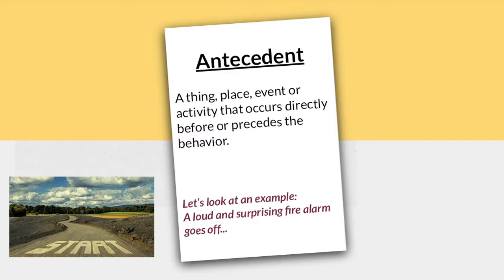It is a thing, a place, an event, an activity that happens directly before something. In this case, it's preceding the behavior. In order to better understand ABC data, let's talk about an example while we talk about these words. So, our example would be, a loud and surprising fire alarm goes off.